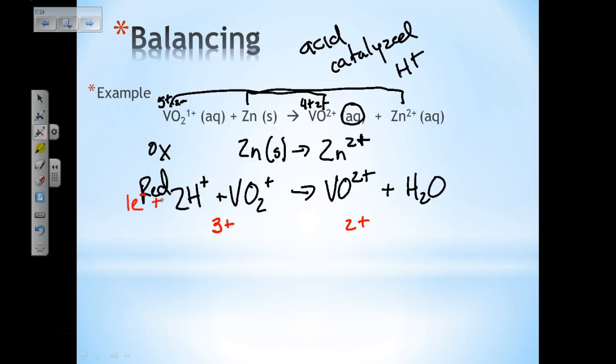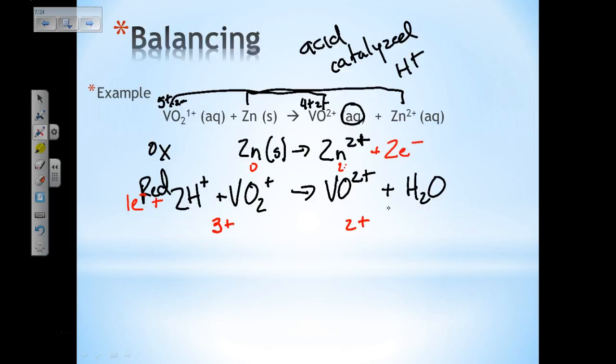Does that make sense? What is reduction? Gaining electrons. Yep, that makes perfect sense because your electron is on the reactant side. And now for zinc, 2 electrons need to be given off because this is 0, this is 2 plus, so you want this to be 2 minus to cancel out the 2 plus. This is the charge balancing.